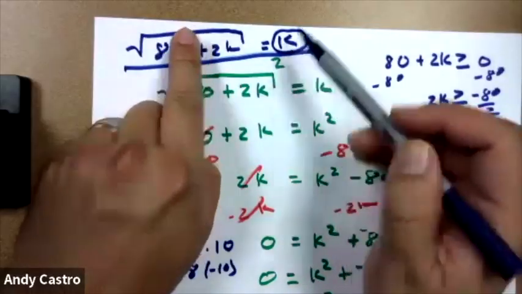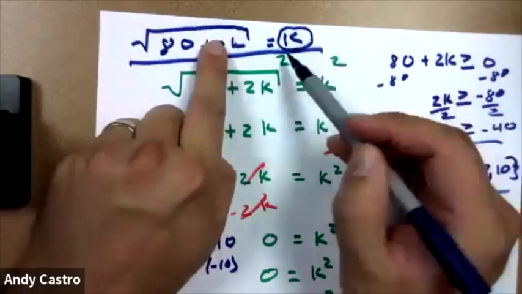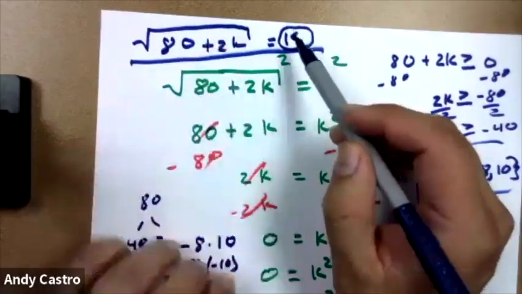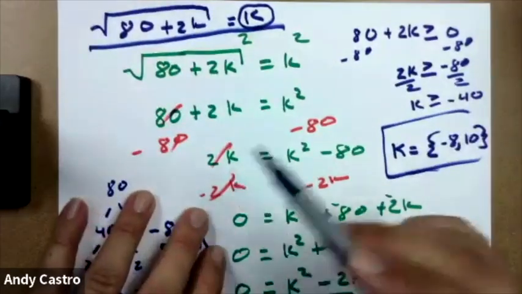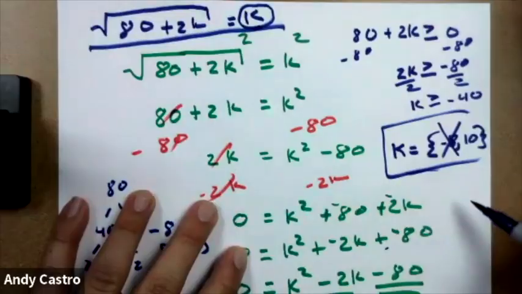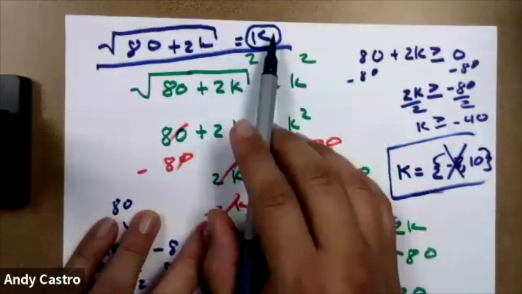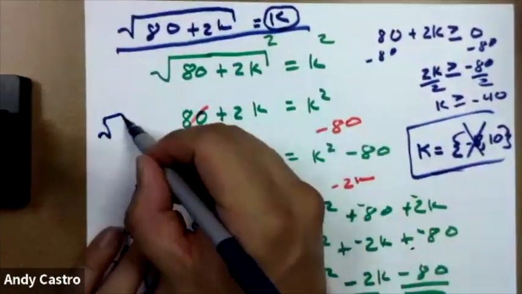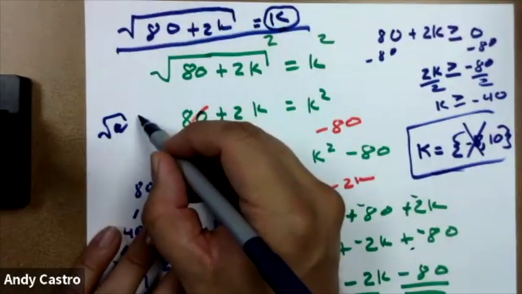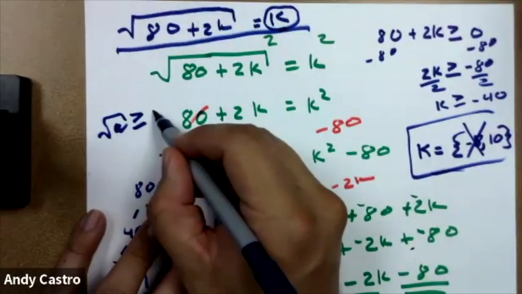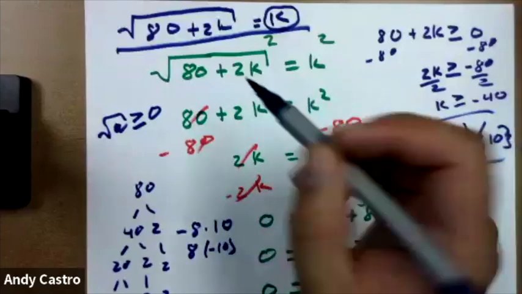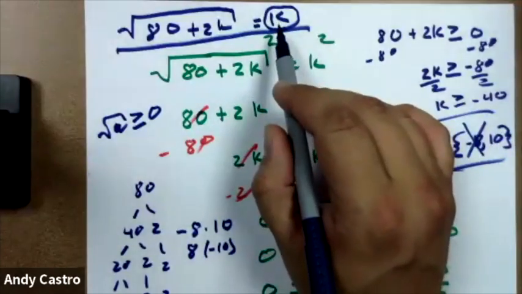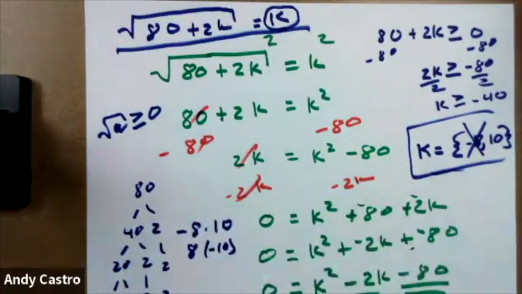See, if k is -8, the square root of anything cannot give me -8. That's why it can't be -8. A square root of something, no matter what it is, must be greater than or equal to 0. So since k is negative, that was not going to work.